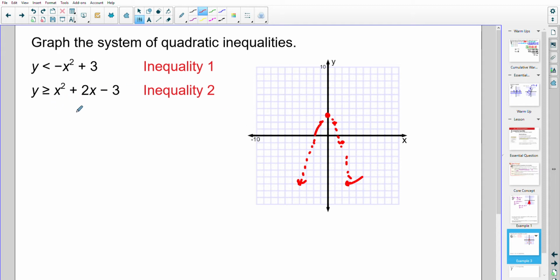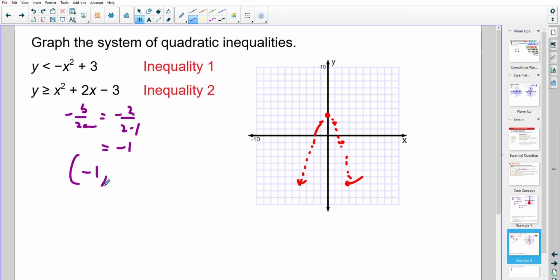Now the second one is a little bit trickier, so I'm going to do negative b over 2a. Use a different color so you can see, keep the two separate. And so that's equal to negative 2 over 2 times 1, which equals negative 1.